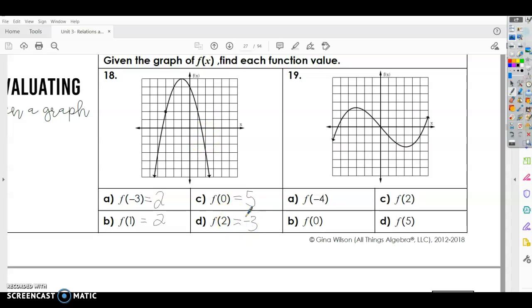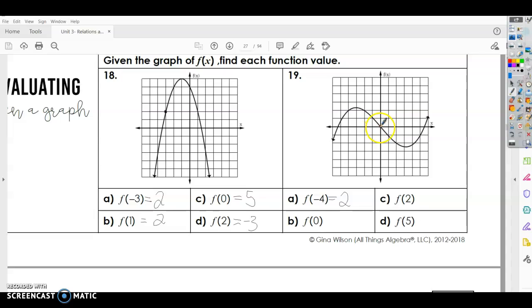And you do that no matter what the function looks like. So this is kind of a squiggly line or a curved line here. Looks kind of like a sine or a cosine wave that you'll learn about in a couple years. But right now, let's look at how to find the y value. So f of x, when x is -4, so 1, 2, 3, 4, we're going to go up 1, 2.